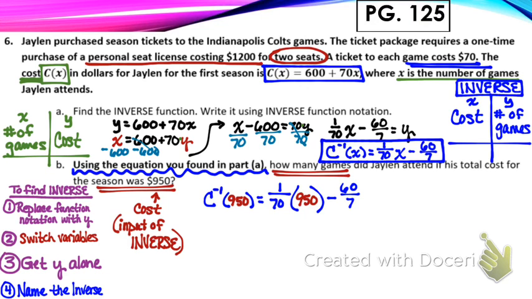Back here when we divided by 70, x over 70, and so I wrote that as 1 over 70x. If I multiply a number to a fraction that has 1 in the numerator, that number just moves up into my numerator. So this is 950 over 70. Minus, I need to have a common denominator here, so I'm going to multiply these by 10 again so that I can get that common denominator.